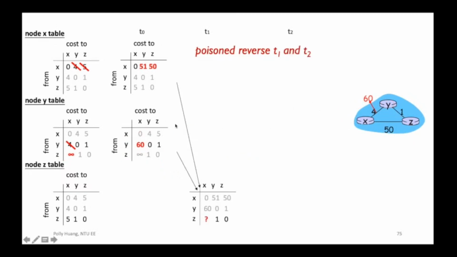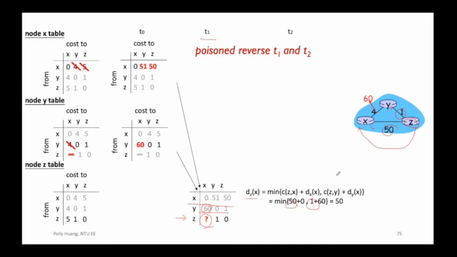And then at the next point in time, T1, Z here is going to receive the distance vector from X and Y, and this time YX is 60. That's going to change the result of DZX, this entry here. So let's see, DZX, from Z to X through two neighbors, link costs being 50 and 1.